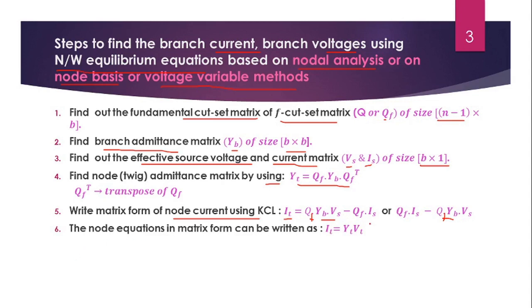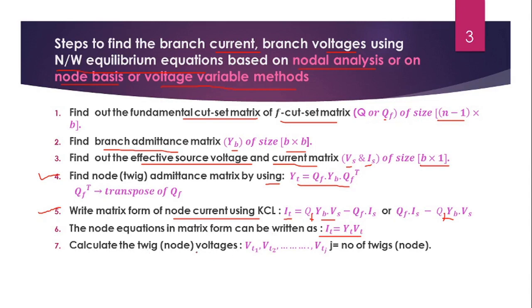Step number 6, once we find IT from step 5 and Yt from step 4, we can write the node equilibrium equation as IT equals Yt into Vt, and from this we can find the unknown node voltages Vt1, Vt2 up to Vtj, where j is the number of twigs.